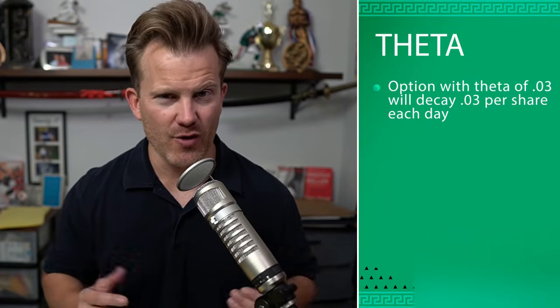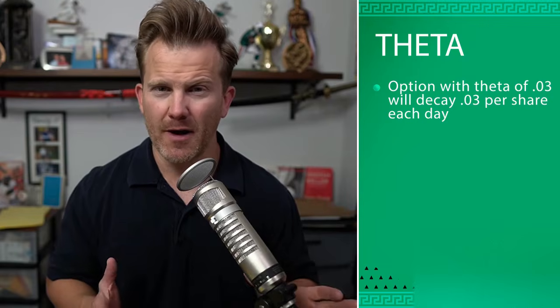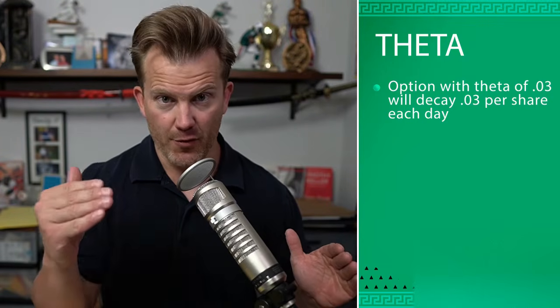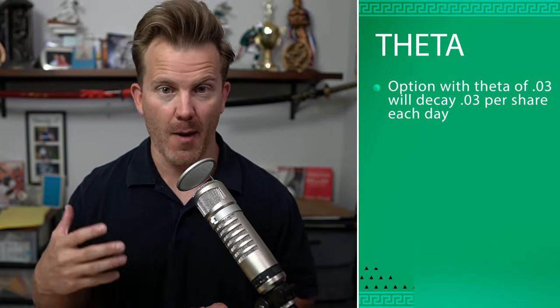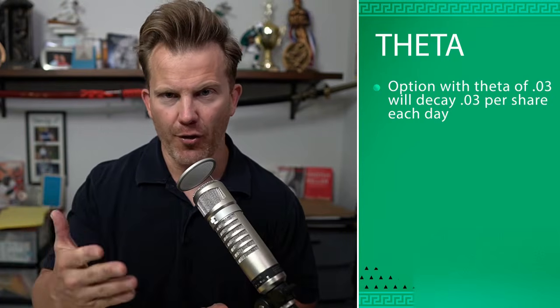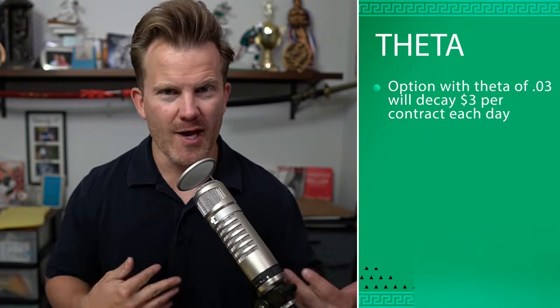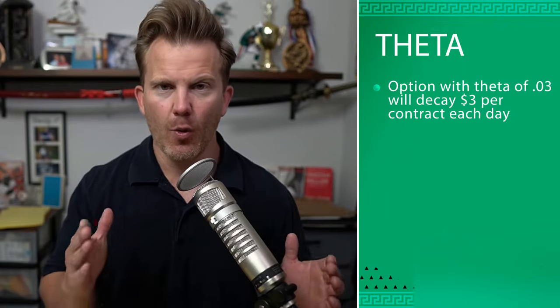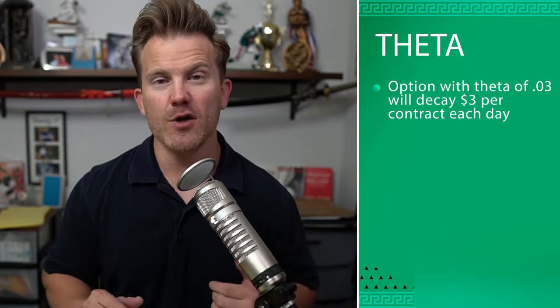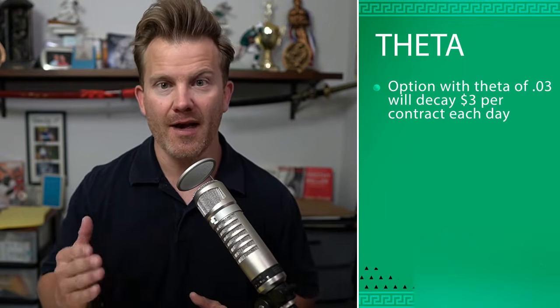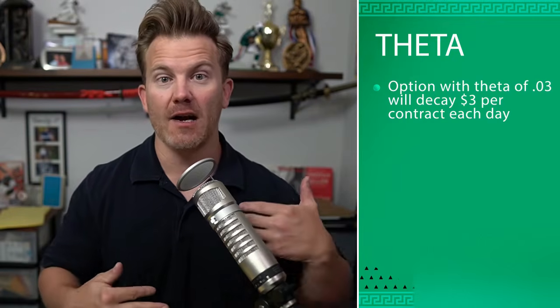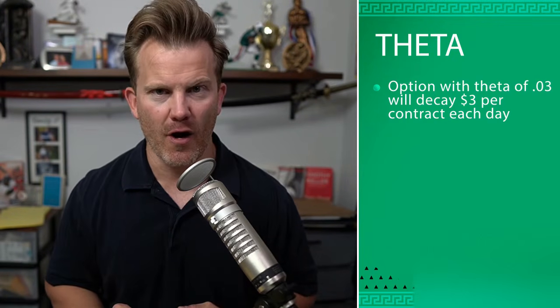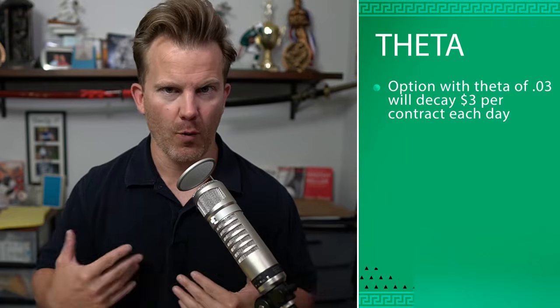Now remember, every contract is 100 shares. So you could talk about this on a per share basis, 3 cents, or you could talk about this on a per contract basis of $3. Typically, when we communicate with one another as traders, we opt for the latter, referring to a theta of 0.03 as actually 3, or using the whole per contract value of theta in our communication with one another.